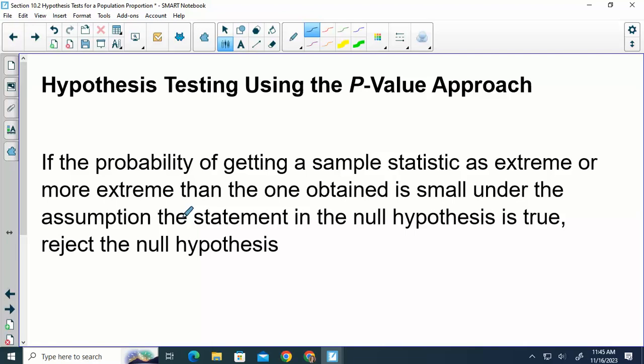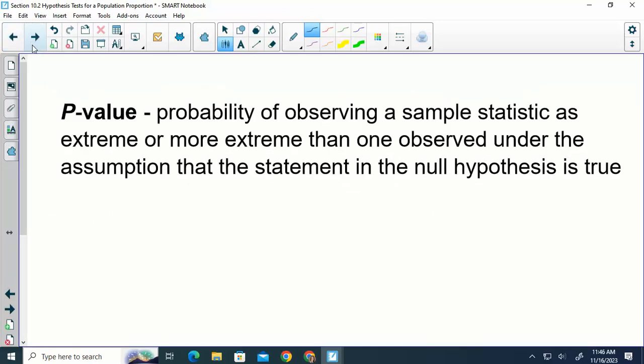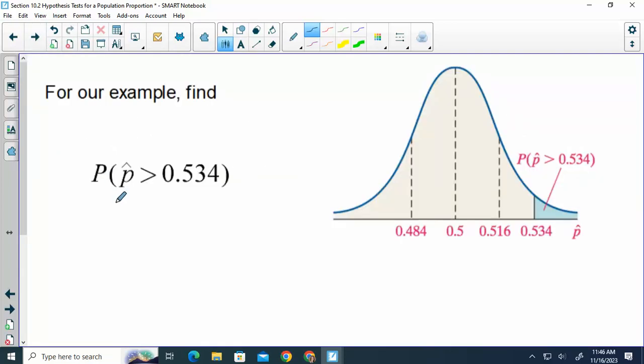So that would usually be given within the problem. If it's not, then we'll stick with anything less than 5% is unusual, if I don't tell you otherwise. So the p-value is just your probability. So it would be the probability of this happening if the null is true.